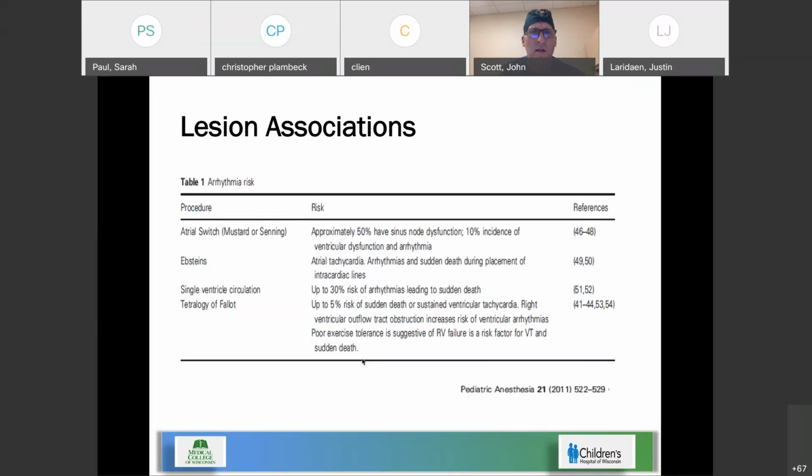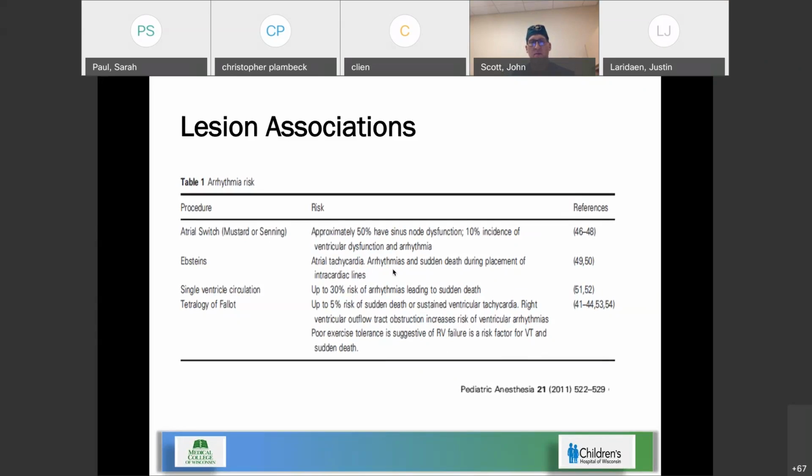As you can see, some of the classical procedures, the atrial switch, the Mustard and Senning procedures, have an increased risk of sinus node dysfunction, ventricular dysfunction and ventricular arrhythmias. Lesions with large atria or atrial dilatation, you could expect atrial tachycardias. Single ventricle circulation is really at risk for significant ventricular dysrhythmias that can lead to sudden death.